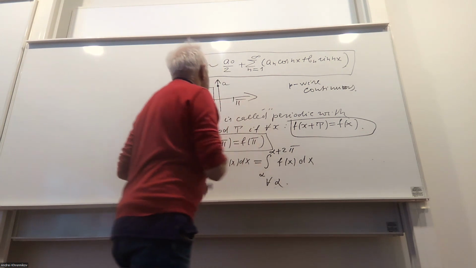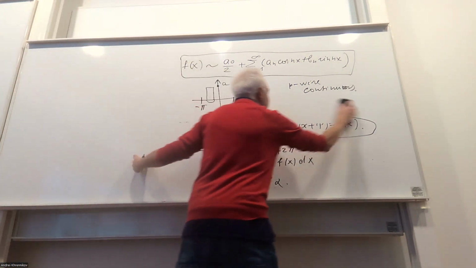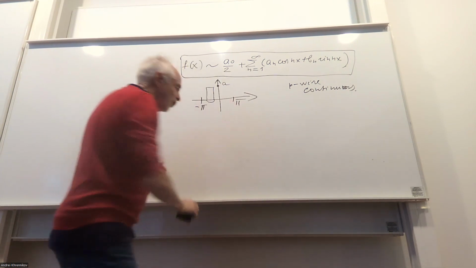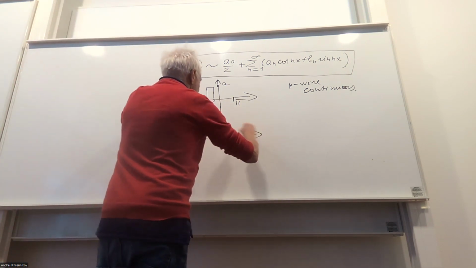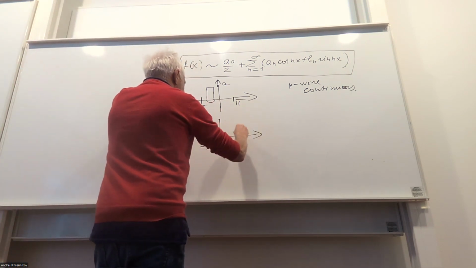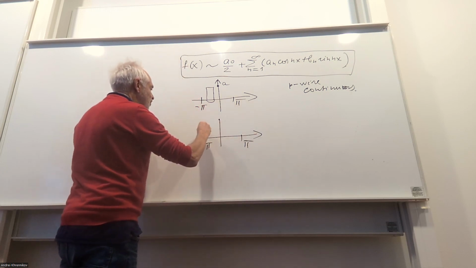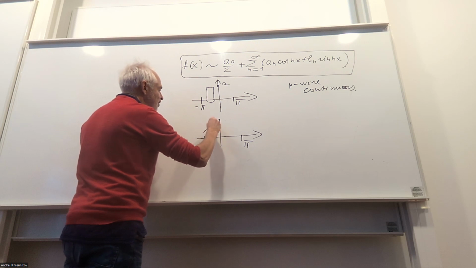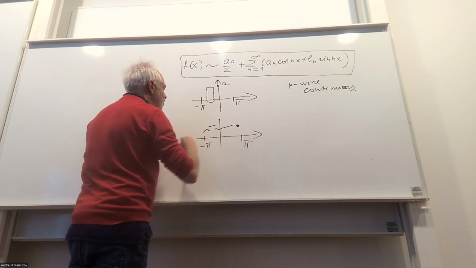A piecewise continuous function is a collection of functions which are continuous on some segments, and at some points they have singular points. So for example, from minus pi, how does it look? It goes here, then jumps, goes here, then jumps, goes here, and so on.